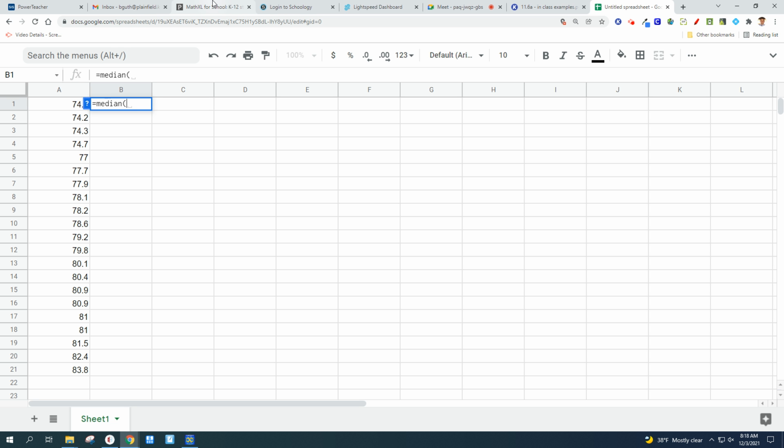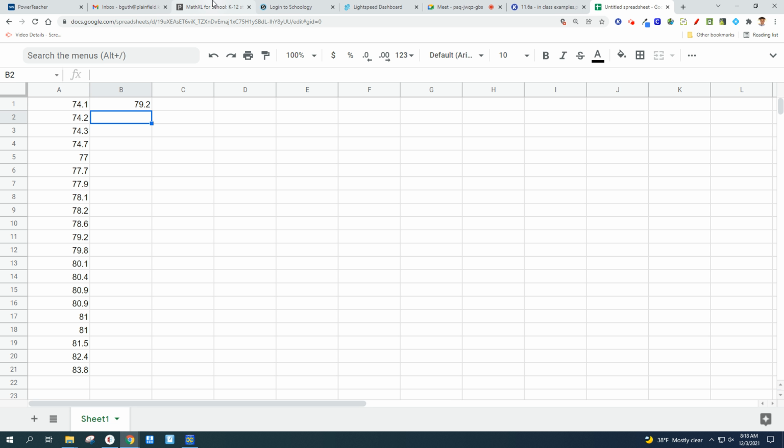So equals median, open parentheses. And then what we're going to do is we're going to tell it to take the median of all of those numbers in that column. All right. And so what I'm going to do is type in capital A colon capital A. And then close my parentheses. So A colon A. And then hit enter.